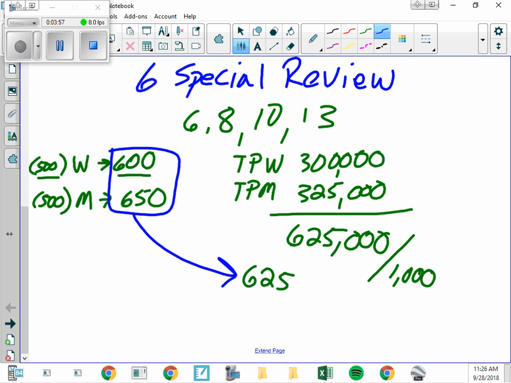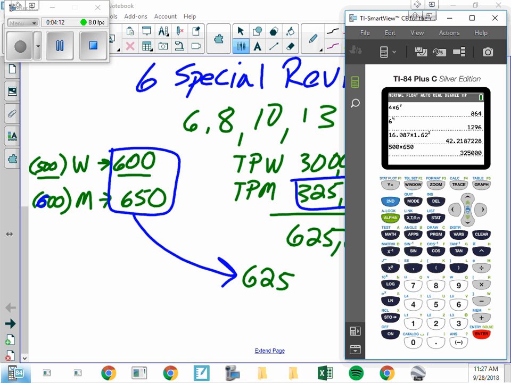What if that's not the case? So let's say there were actually 600 men. Well, that changes this number. So now 600 times 650. Now that's 390,000.